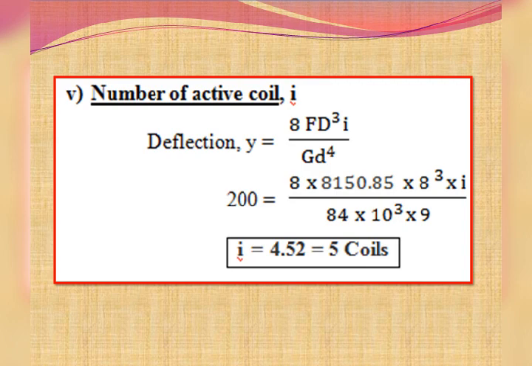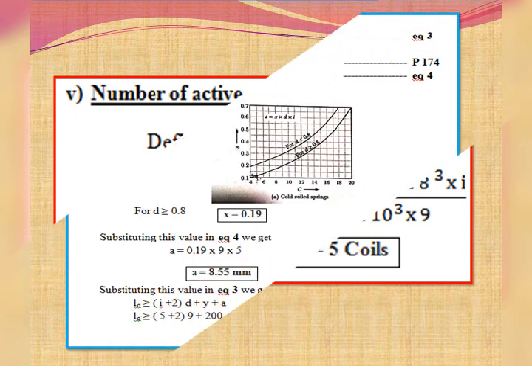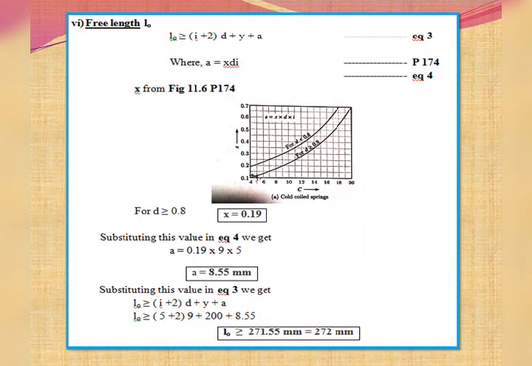In the D cube, I already took the spring index ratio, and the rest is only d, that I have substituted, that is 9. By simplifying this, we get I is equal to 4.52, or 5 coils.